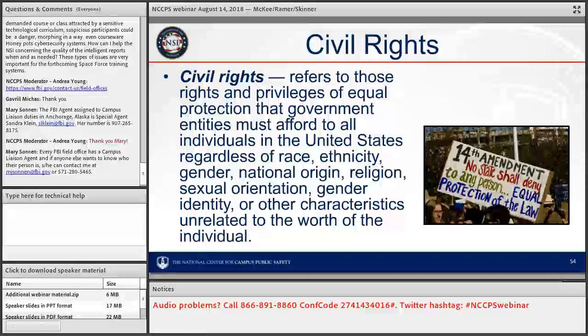Profiling on these grounds simply is not effective, nor is it consistent with our constitutional values. So to mitigate these risks, the NSI focuses on observed behavior. To that end, you will need to articulate a factual basis for the suspicious behavior. This is important because it will help provide the context of the SAR and help downstream partners understand the meaning of the report.